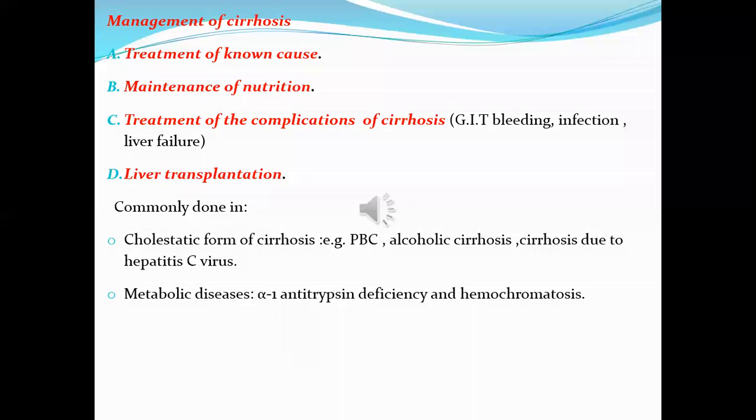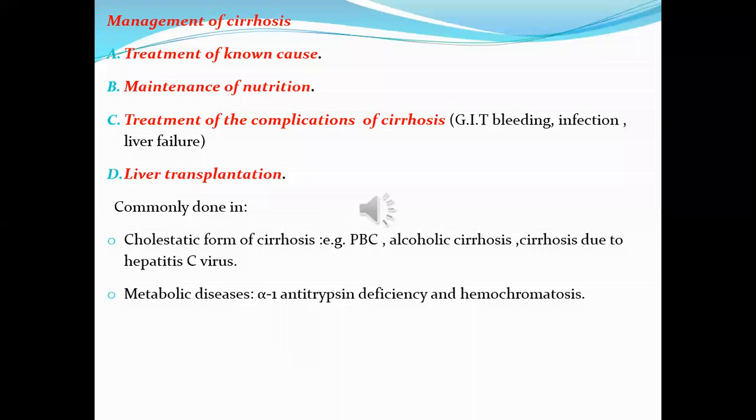Second, maintenance of nutrition. Because of the liver failure, the energy production from the liver is impaired, leading to a catabolic state in the patient, taking energy from the muscle, leading to muscle wasting and weight loss. We should maintain good nutrition for the patient.